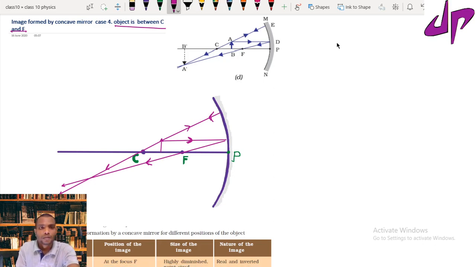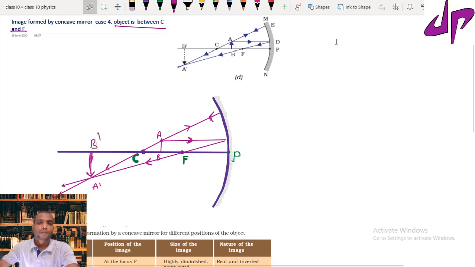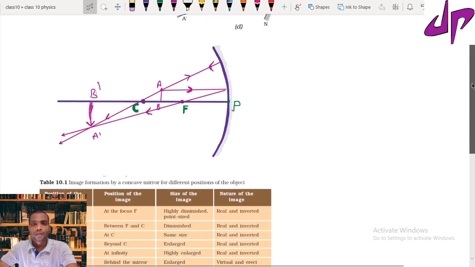The image is the meeting point of the reflected light rays. So here the image is bigger. If this is B and A, this will be A dash and B dash. Okay, so this is the fourth case.